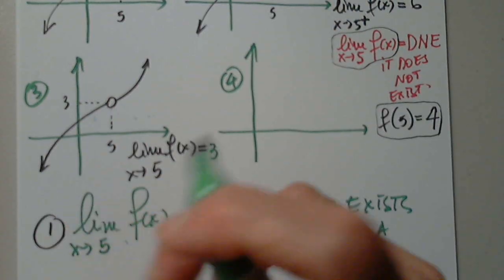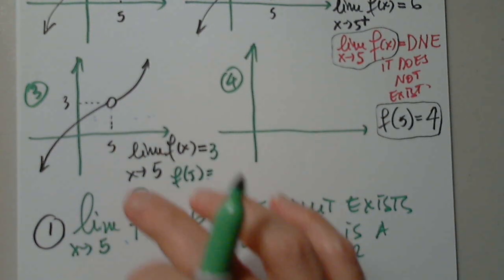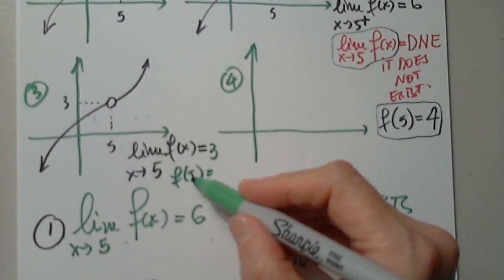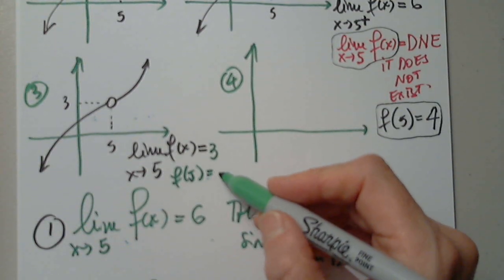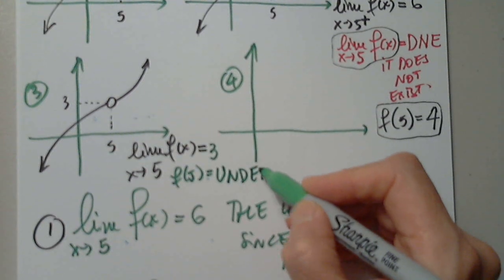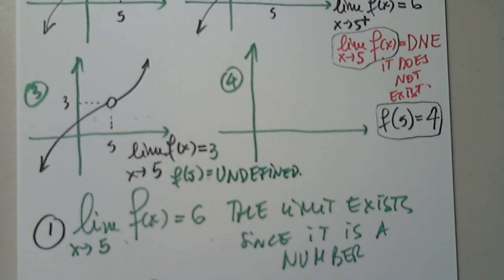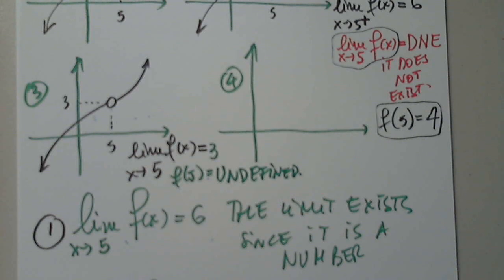And now I'm going to ask you, what is f of 5 for case number 3? Undefined. Excellent. This is what we call undefined. I could have presented a point here. Then you would have said something else. F of 5 is 10.